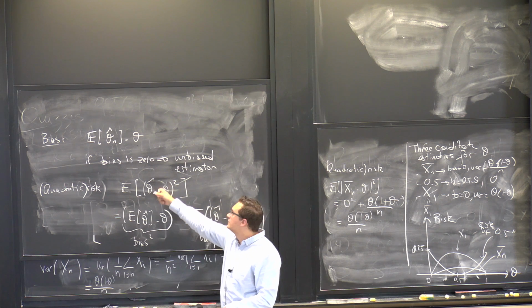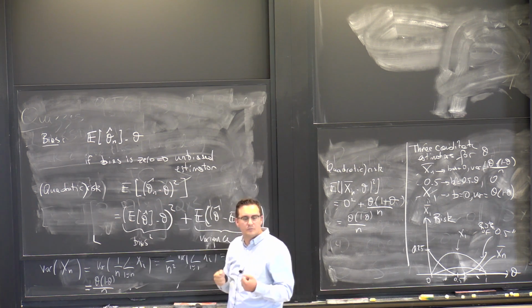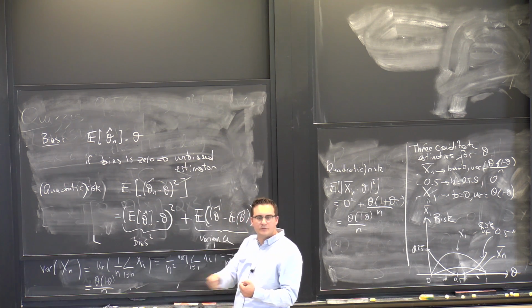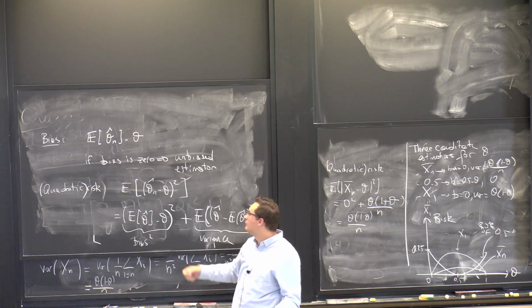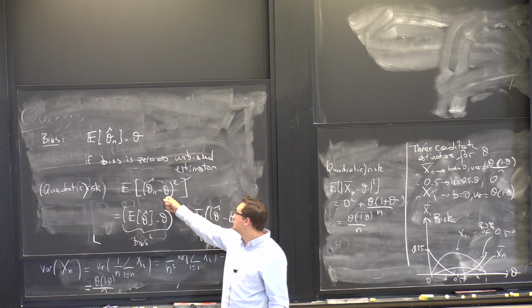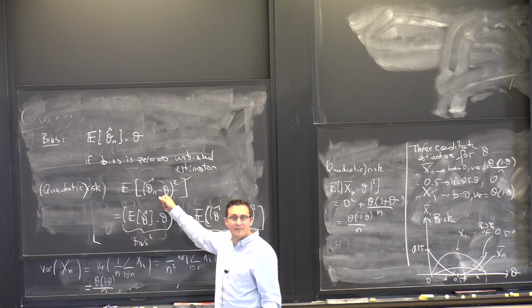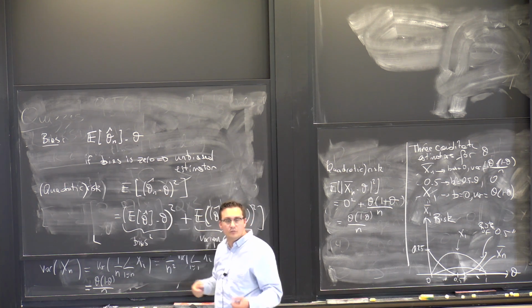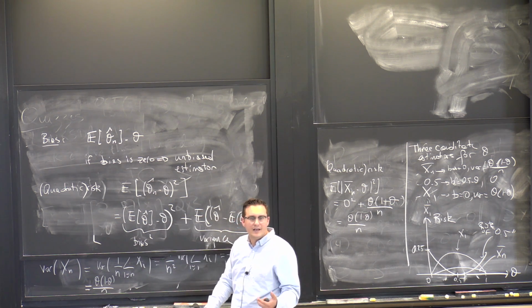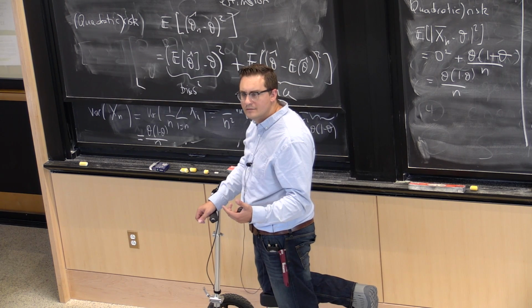So that's really just the variance. So the risk is telling you how much fluctuation I have around my expectation if I'm unbiased, but in general it's telling you how much fluctuation I have on average around theta. So if you understand the notion of variance as being what? It's like variance on average?